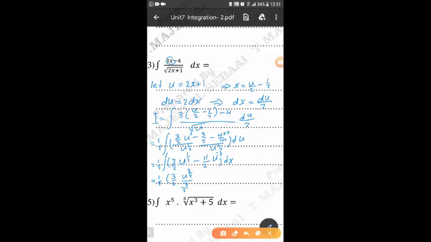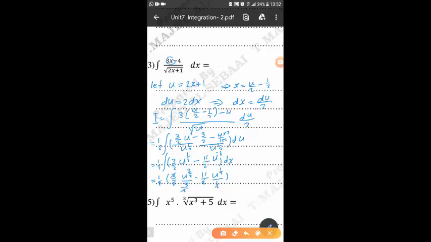So that will be half, 3 over 2 u to the 3 over 2 over 3 over 2 here, minus 11 over 2 u to the half over half, and I only gave it small space. This 3 will be cancelled with this 3, this 2 with this 2, also this 2 with this 2.